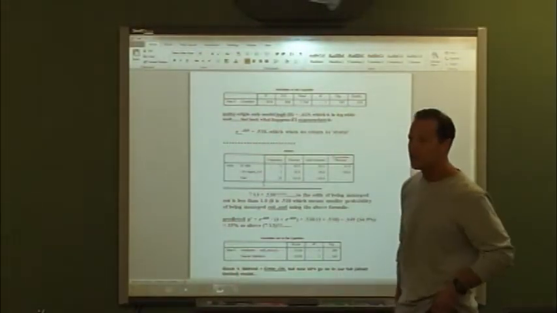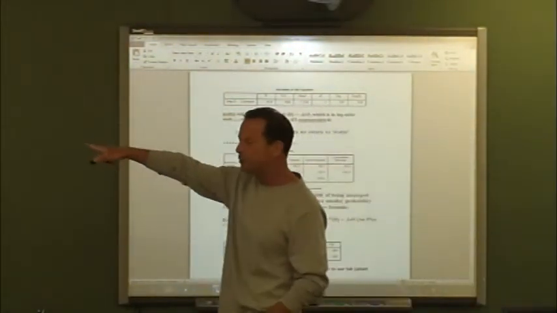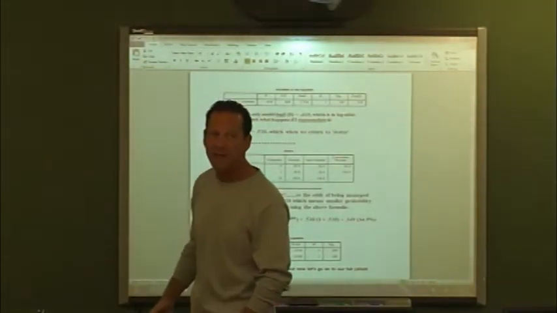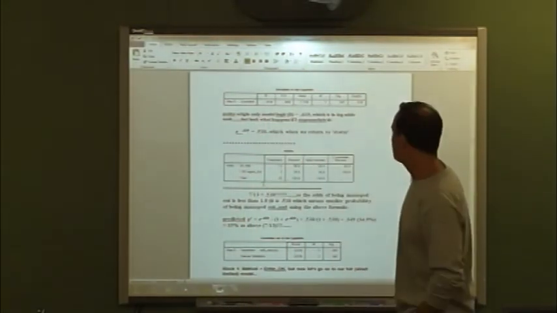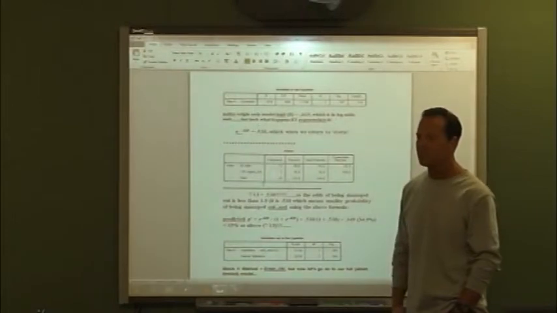Go and exponentiate it. Use your e^x button, everybody. Hopefully, you should have that above your ln button. If you take e^x and plug in negative 0.619, what do you get?